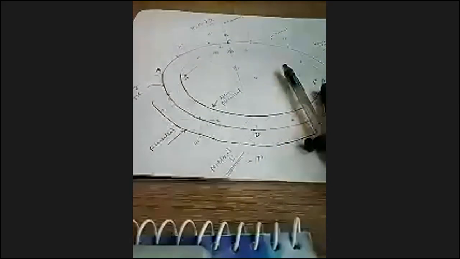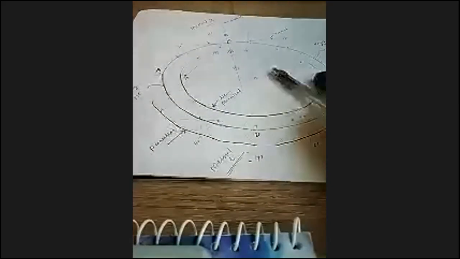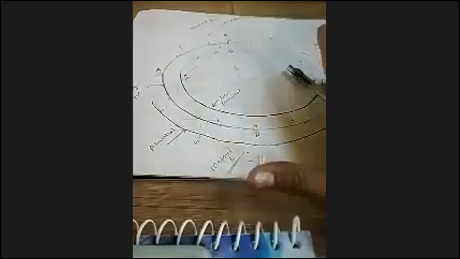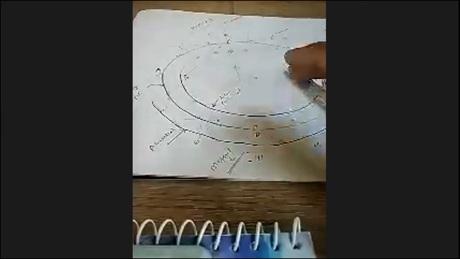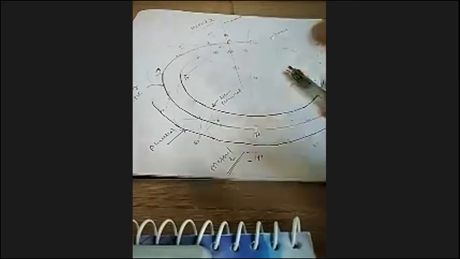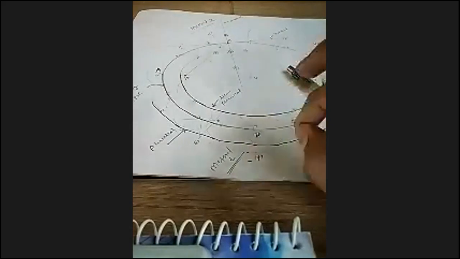My question: you all have the ellipse with you. Yes, sir. That ellipse is done. Take the bottom left section, with major axis point A and minor axis point B. Find the midpoint.